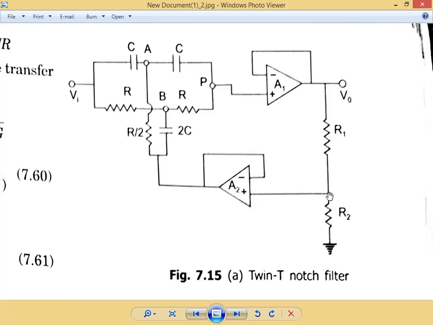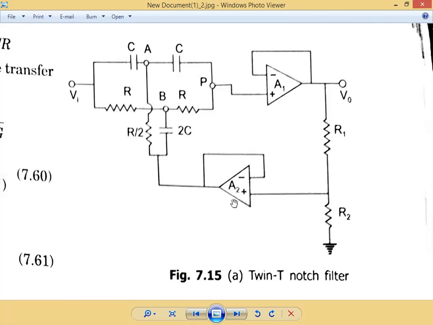So K into V0 minus, this voltage will be obtained at this node also, because A2 is a voltage follower.